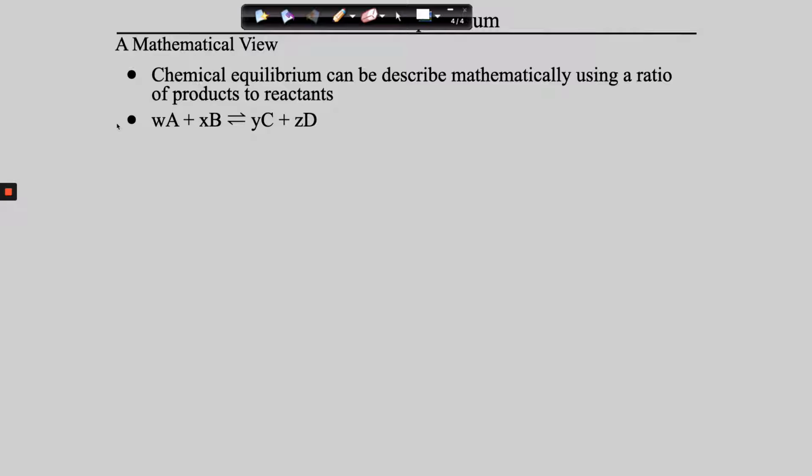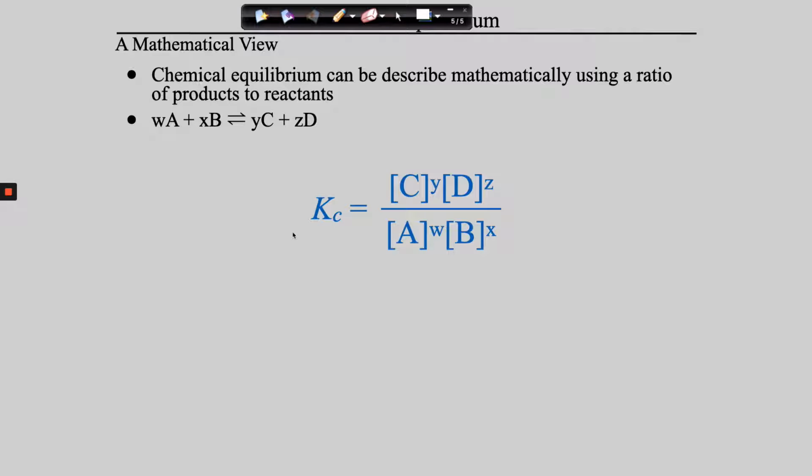Now guys, based upon what you learned last year, do you remember how to write the Kc values? Do you remember? Let's review. So what happens to the coefficients? They become exponents, and then we don't add in our equilibria, we multiply in our equilibria.